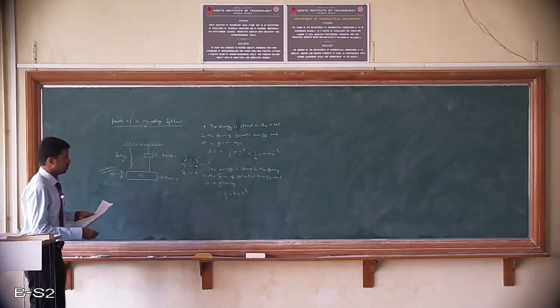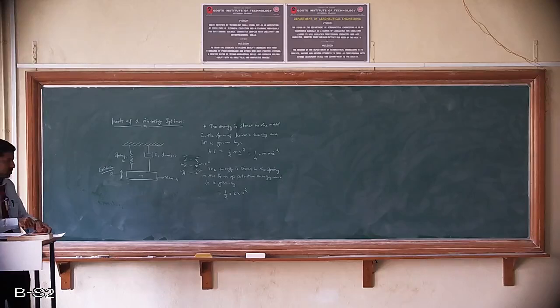Half into k into x square. So these two things are very, very important, you have to remember.